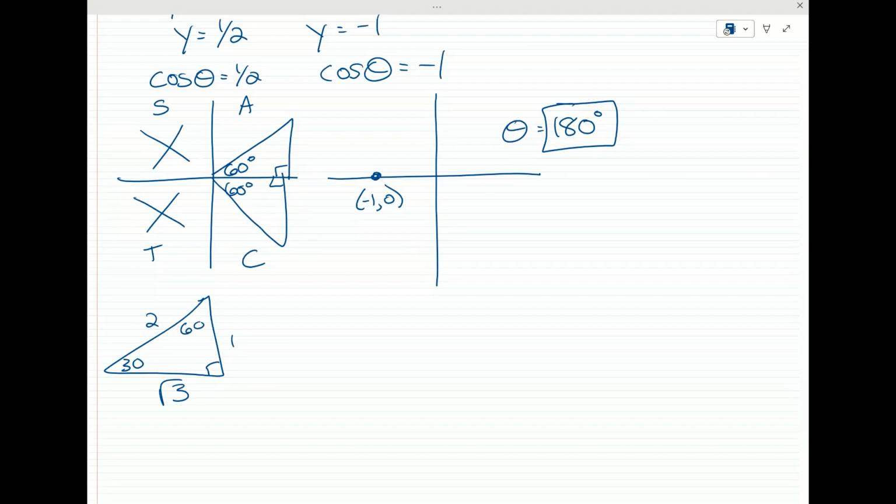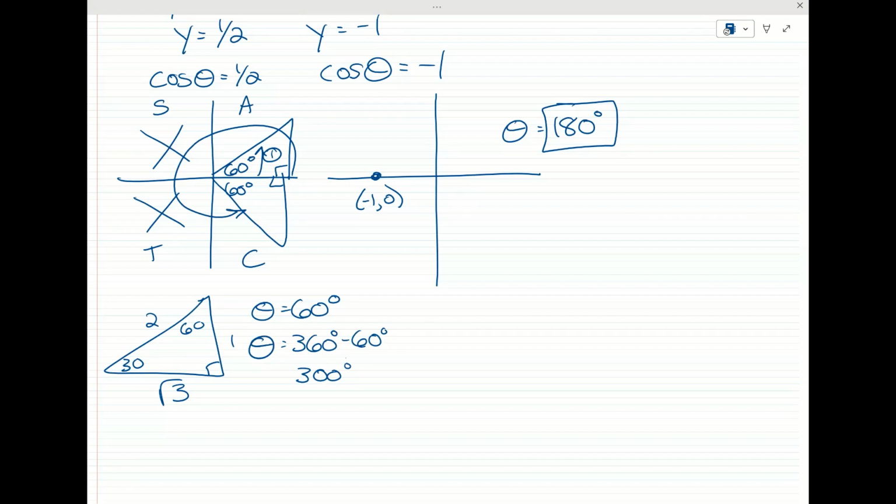So you have to remember your special triangles, you have to remember quadrantals, and it looks like 60 degrees is one answer. The other answer would be almost 360, but 360 minus the 60 is 300 degrees. Those would be the answers.